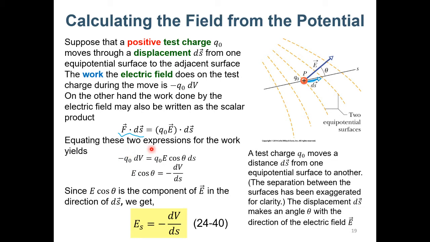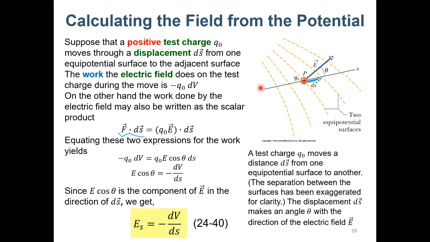Q0 can be cancelled on both sides, and we have E cosine theta ds equals negative dV. So E cosine theta will be negative dV/ds. It's a one-dimensional expression on this s-axis, where Es is the projection of E on the s-axis. So we have Es equals negative dV/ds.